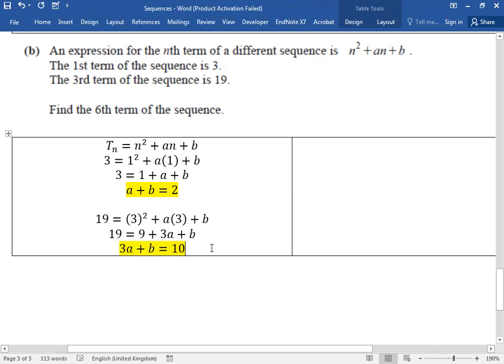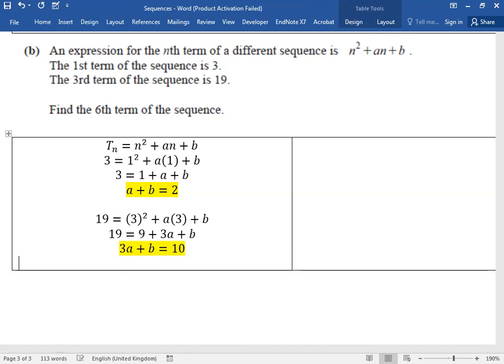Solve simultaneously. How will you do it? Elimination, substitution. Whichever method suits you, you can go for that method.